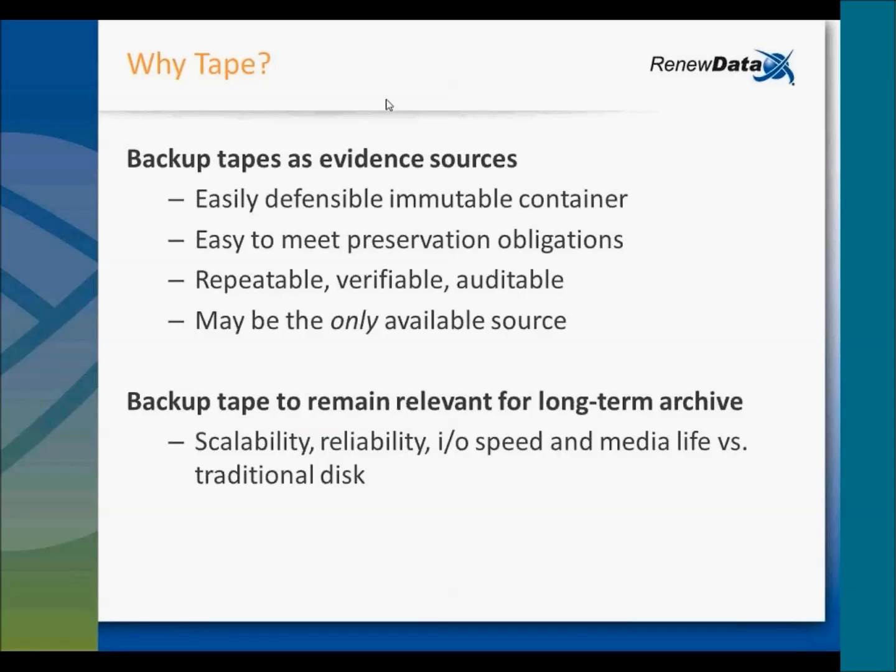The vendors that process tapes have an audit trail, so every container that contains a piece of evidence, all the way down to that final file or email, is traceable back to the original tape. The findings are repeatable and verifiable because the process to read the data from the tapes is a read-only process, and it's easy to verify findings.